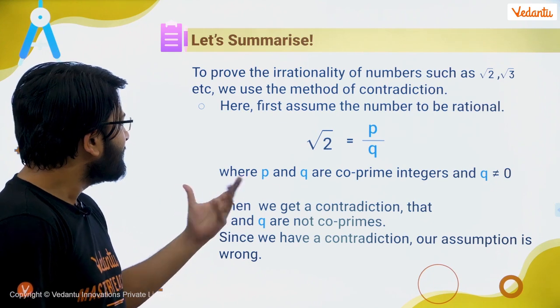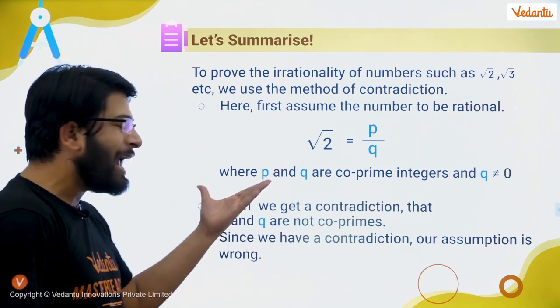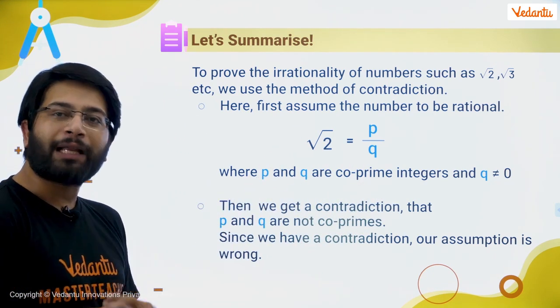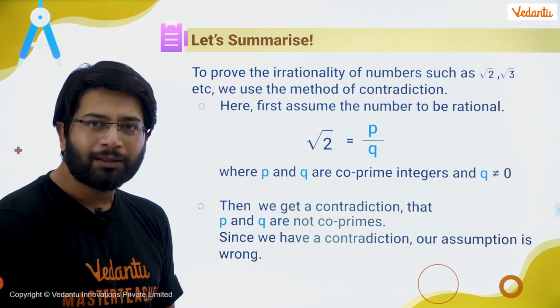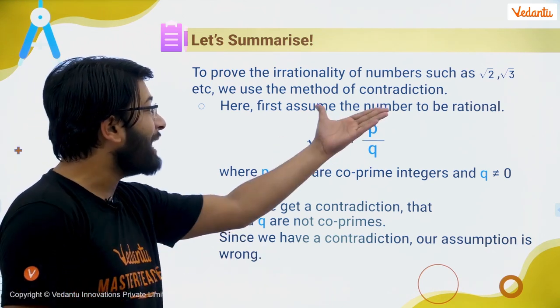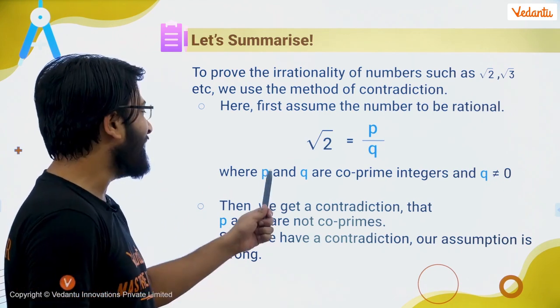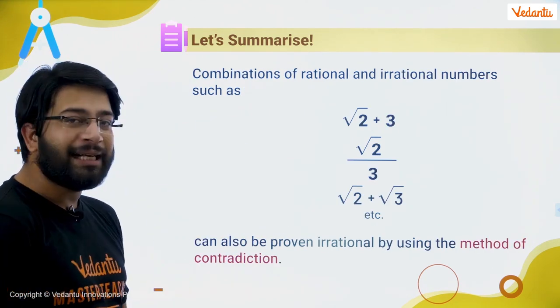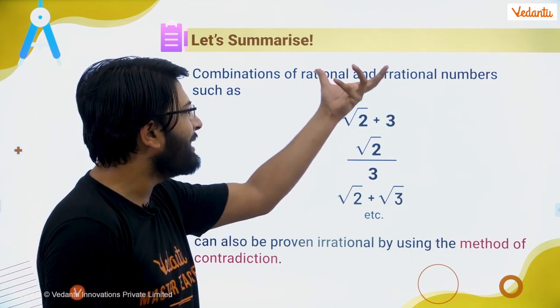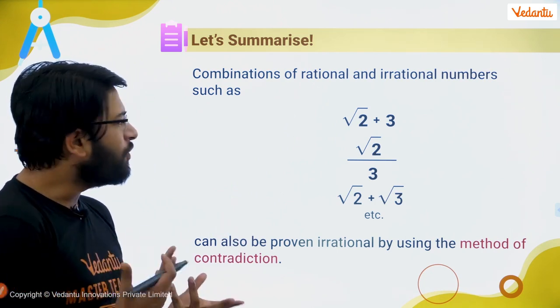Then we get a contradiction, and with the help of the contradiction we can say that whatever we have assumed is wrong. So we have assumed that the number is rational, but after the contradiction, the number is irrational, right champ? And after that we have seen the combination of rational and irrational. How to do it? Very simple.